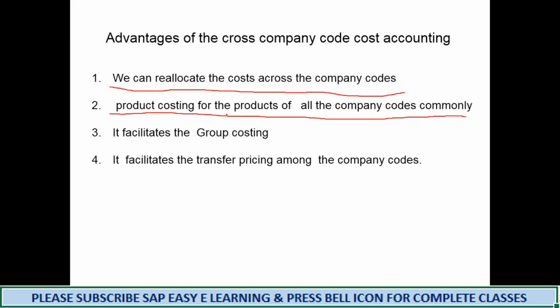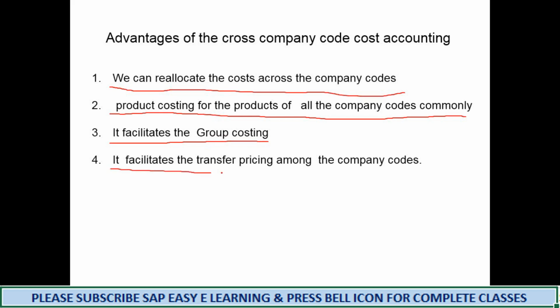Suppose both the company codes are producing the same products, in that case the product costing becomes easy. Then it facilitates group costing. Here group costing means group valuation. Suppose you have two company codes in the same nature of business, then you can find out the cost of production at the group level. That is called group costing.